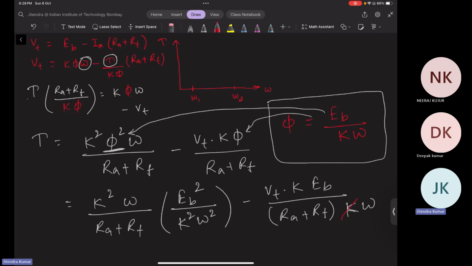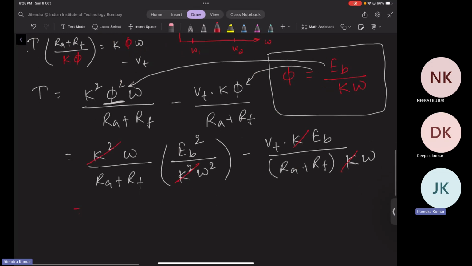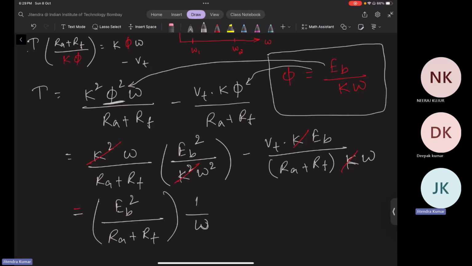So this K and this K will be cancelled, and this K square and this K square will be cancelled, and we will end up with EB square divided by Ra plus Rf into 1 by omega, minus Vt into Eb by Ra plus Rf, again 1 by omega.